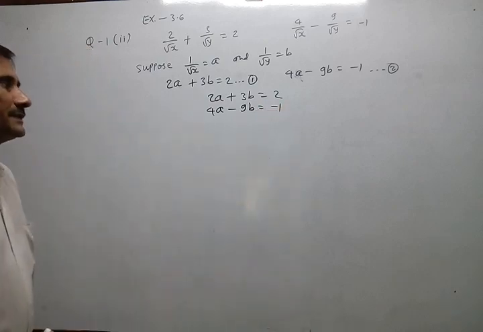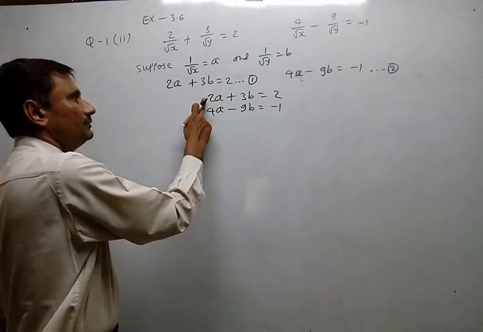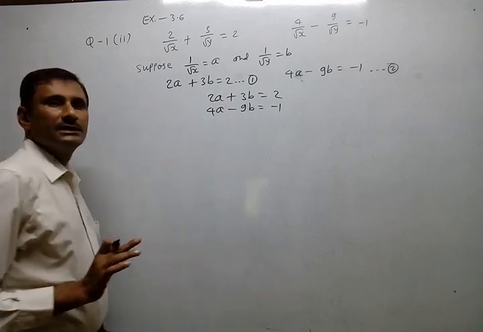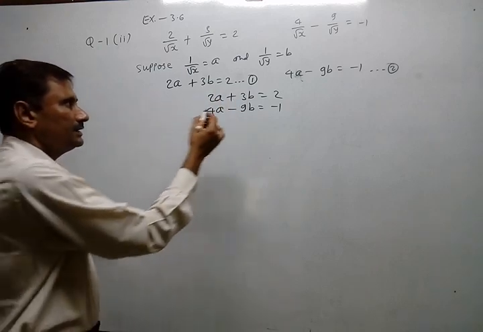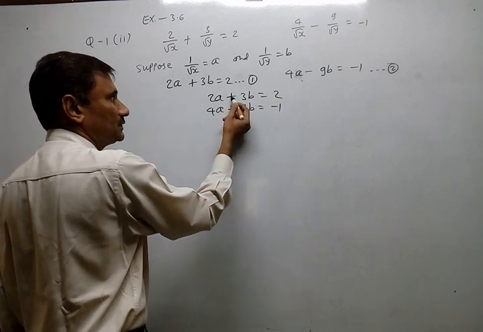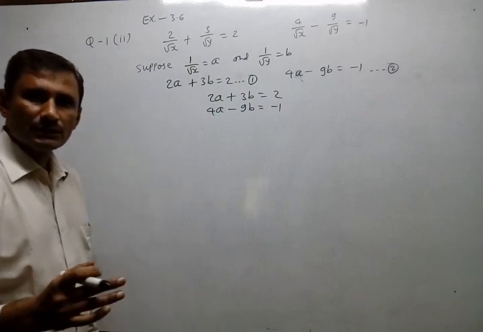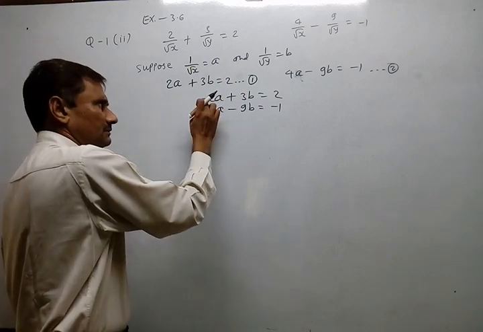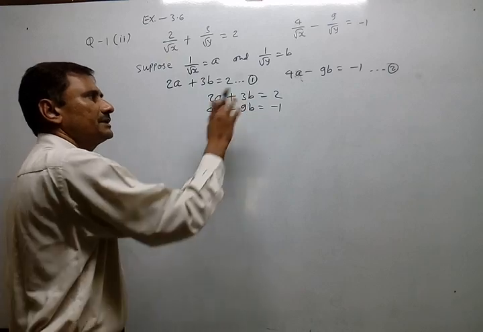Now you just try. Either you multiply the first equation by 2, otherwise by 3, as you want. I just want to make 9 here because the signs are already opposite, so it will be convenient. Otherwise either way, you get 4 or 9 anyway.